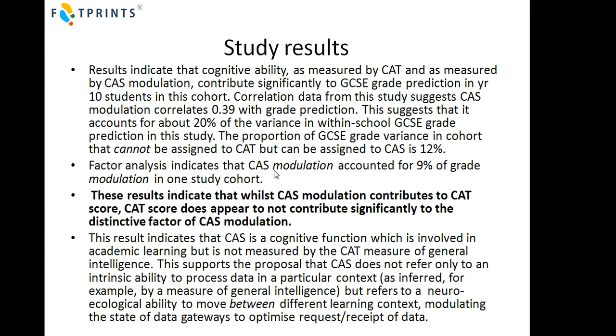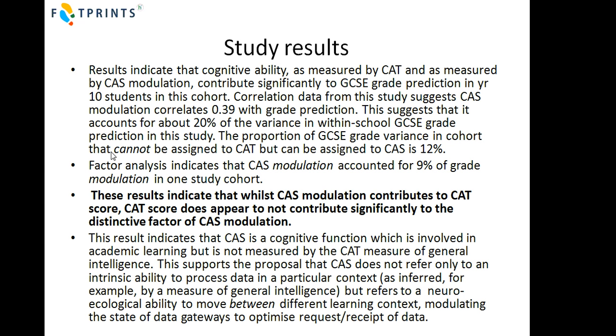And we also then found in another study the change in CAS modulation. In other words, we measured students' CAS scores at the start of the term and then at the end of the term, and in between we provided a proportion of those students with coaching to improve their CAS scores where they were weak.